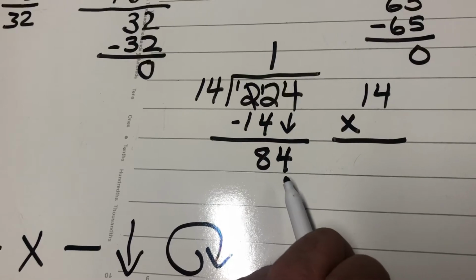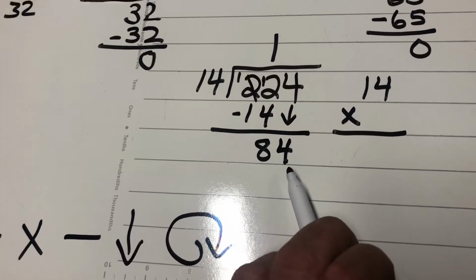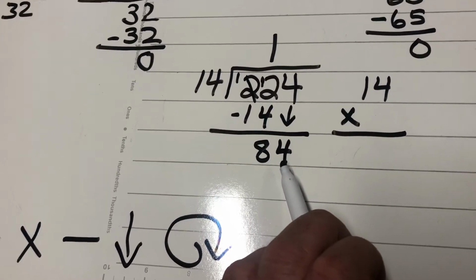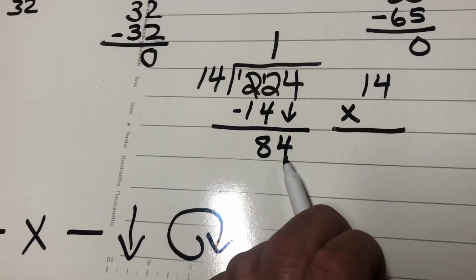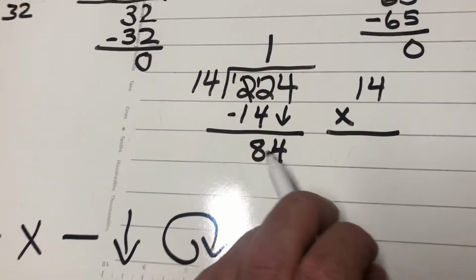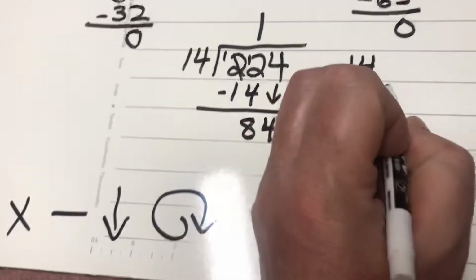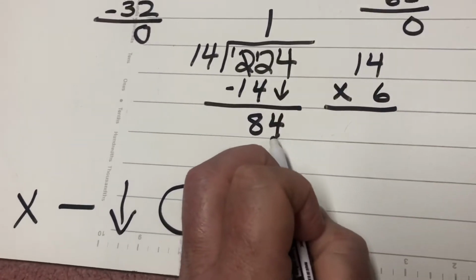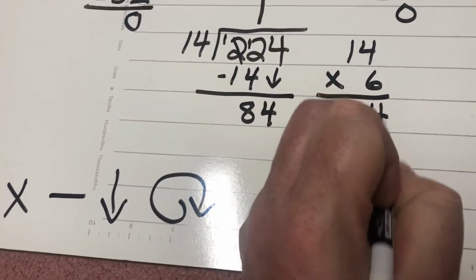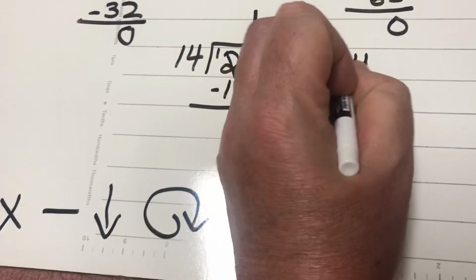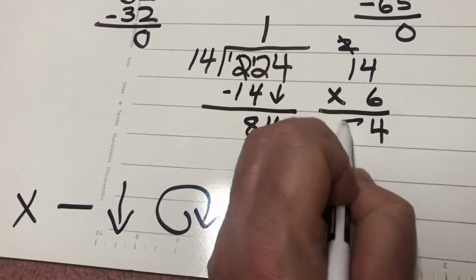I'm looking for a 4. 4 times 3 is 12. 4 times 4 is 16. Doesn't end in a 4. 4 times 5 is 20. Doesn't end in a 4. 4 times 6 is 24. So I can try 6, because 24 ends in a 4 along with 84. 6 times 4 is 24, so I'm going to put the 4 down. Carry the 2. 6 times 1 is 6, plus the 2 is 8.